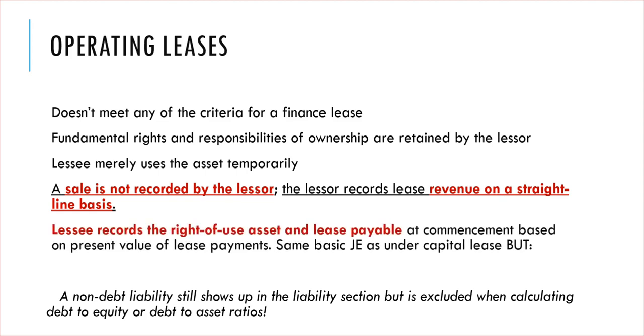So the lessee is going to record the right of use asset and a lease payable, and it's going to be the same basic journal entry as you did under what I'm calling a capital or a finance lease. But, there's a but there, you see. The lease payable is considered a non-debt liability, and therefore when the debt to asset ratios are calculated, it's excluded from the list of liabilities in the debt to asset calculation.